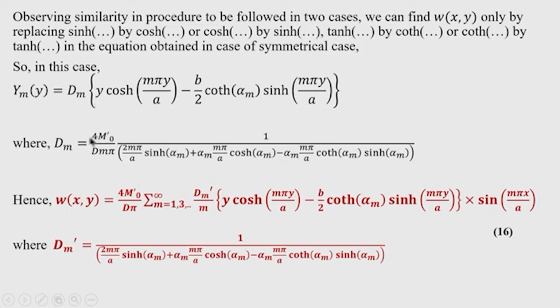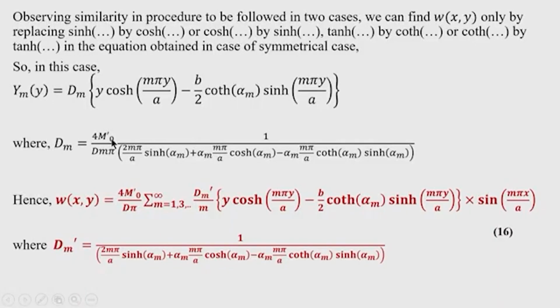We know that this function is found after applying the second boundary condition, that is due to bending moment at the edges. So, when we apply the second boundary condition, the second derivative is of importance. So, equating the second derivative to the given moment function, we can get the series on the left hand side and the right hand side.